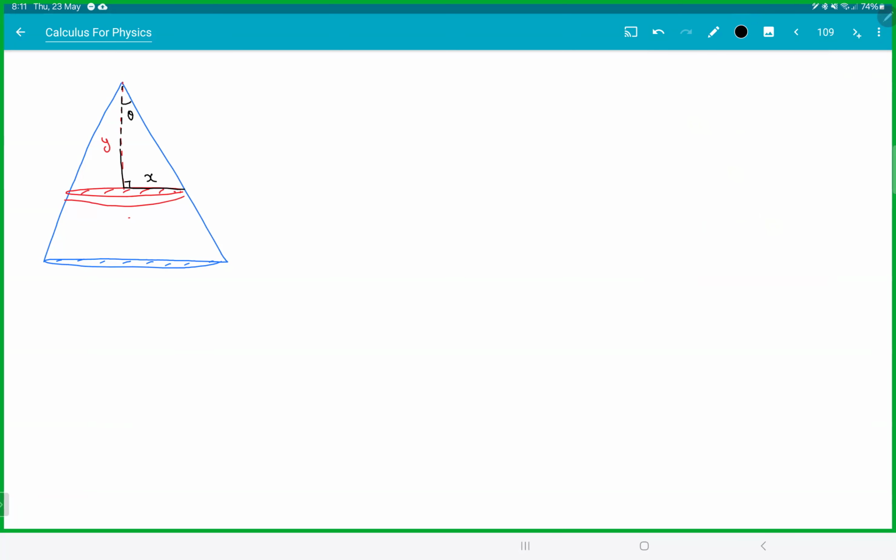This angle is theta. Now we know for the cone, this was r, this was h, this is also theta. So from similar triangles, we know tan theta is r by h, that is also x by y. Agreed?